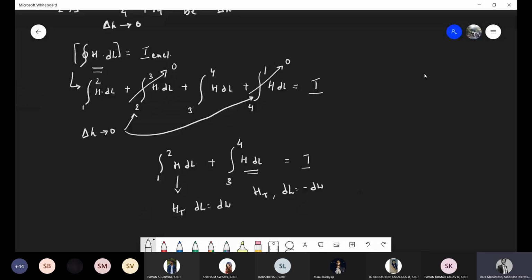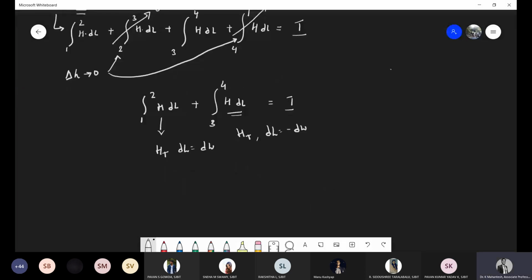So now I'll rewrite this integral equation. I'll write it as the integral from 1 to 2 of Ht delta w, minus the integral from 3 to 4 of Ht delta w, which is equal to I. If you carefully observe, the 1 to 2 path appears above the boundary line and the 3 to 4 path appears below it.